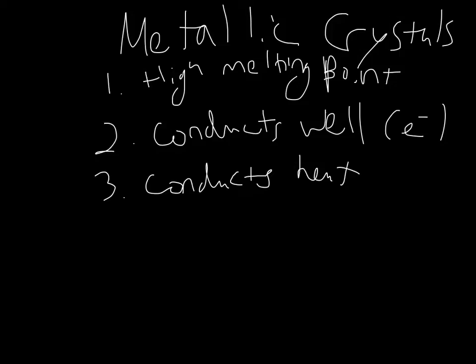So there you go. Now, softness and brittleness will come up in the other crystal types. For metals, it depends on the metal. Things like gold, sodium, and potassium are pretty soft. You can cut them with a knife, but zinc is pretty brittle.